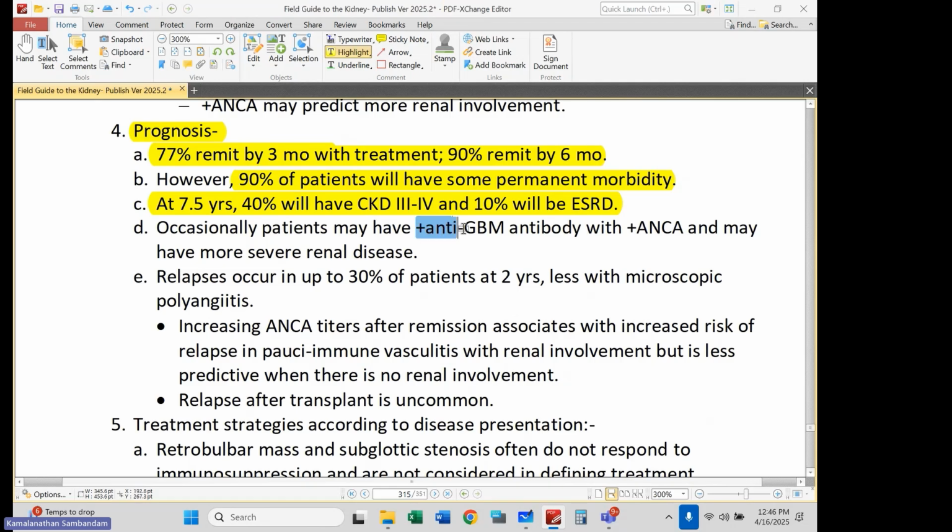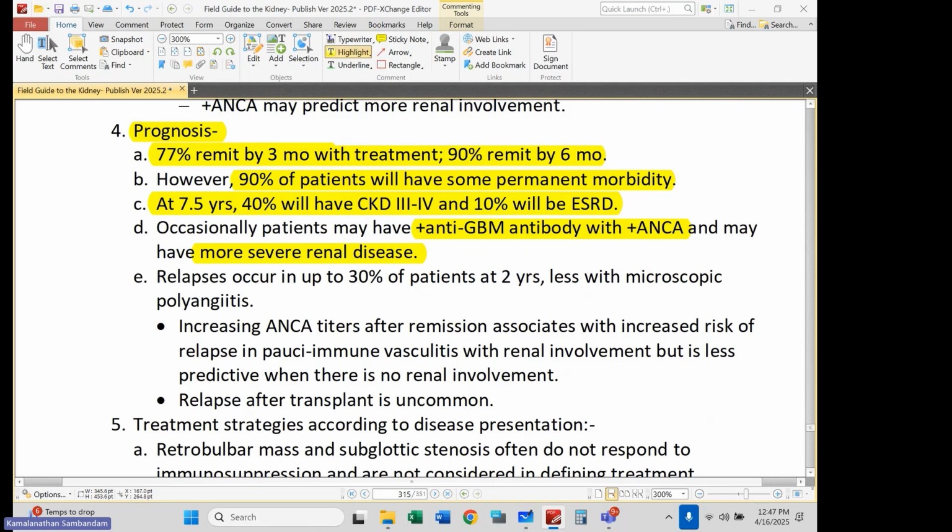Okay, there are instances in which you'll have these so-called double positives, anti-GBM antibody as well as positive ANCAs. You'll see linear staining on immunofluorescence as well, which would be distinct from just the typical ANCA-associated vasculitis. And people have described a more severe phenotype in these cases. The hypothesis is that the ANCA-associated vasculitis was the first hit with glomerular basement membrane disruption from that initial hit.